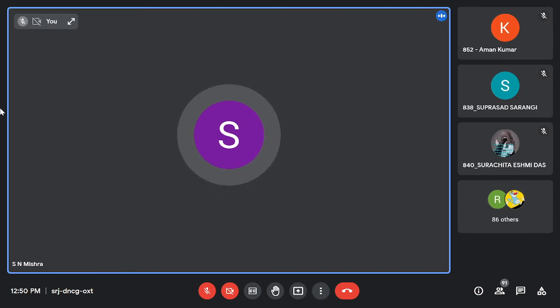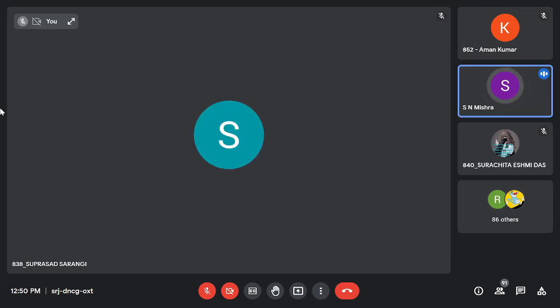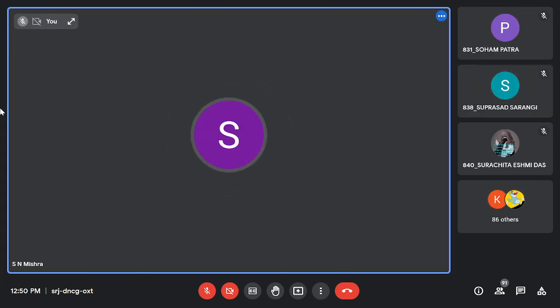So I think now how to apply this formula and how to use these things is clear to all. You can solve these questions if they come in the exam. It needs a little bit of practice.